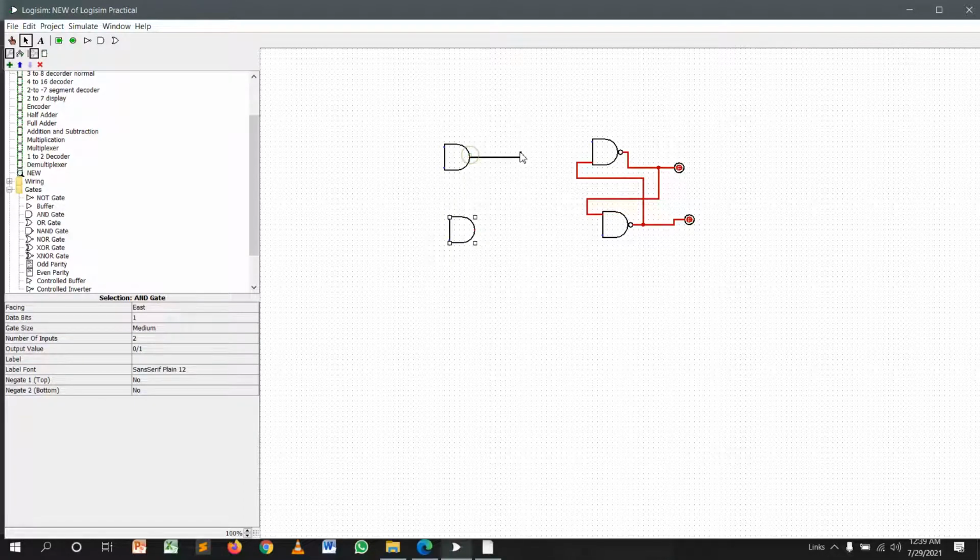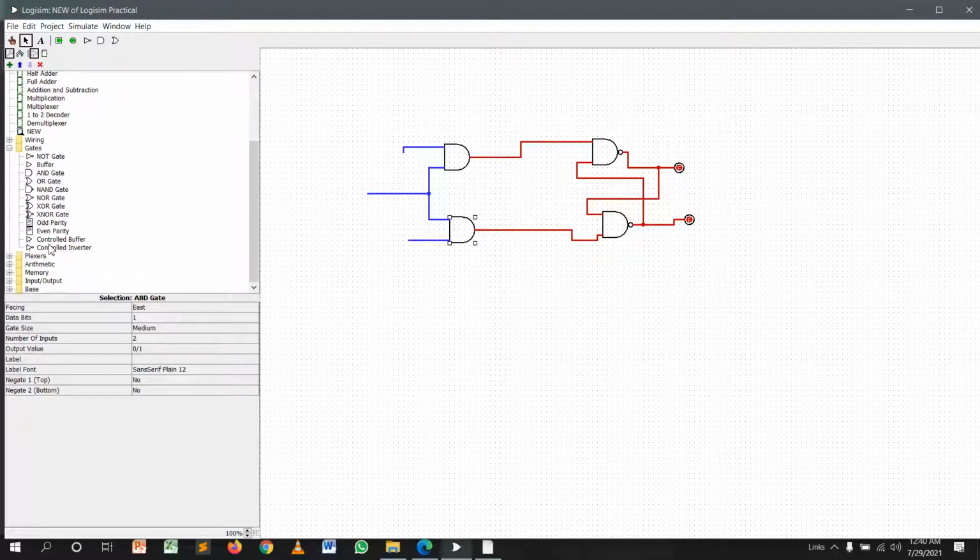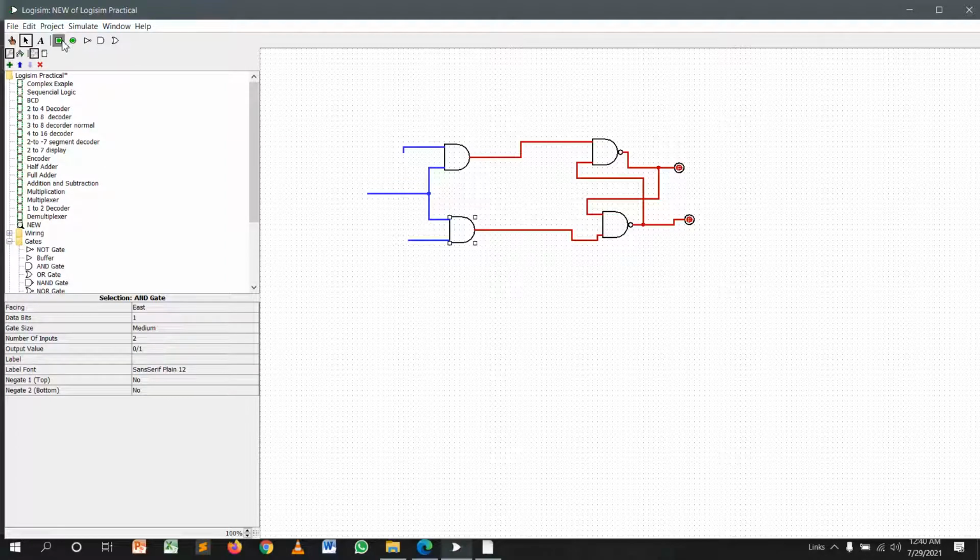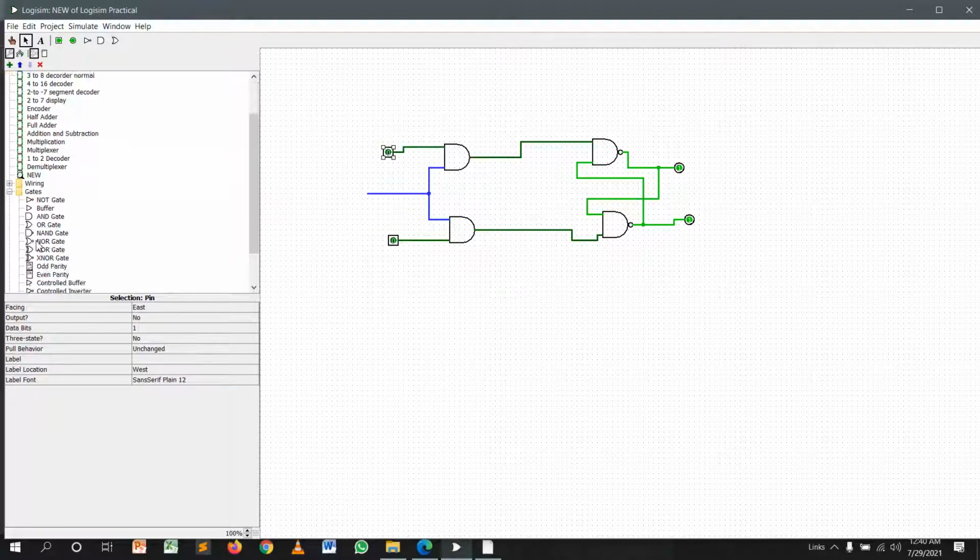Then it is connected to this circuit and this one connected to this circuit. Then these two inputs connect together and give the clock pulse.